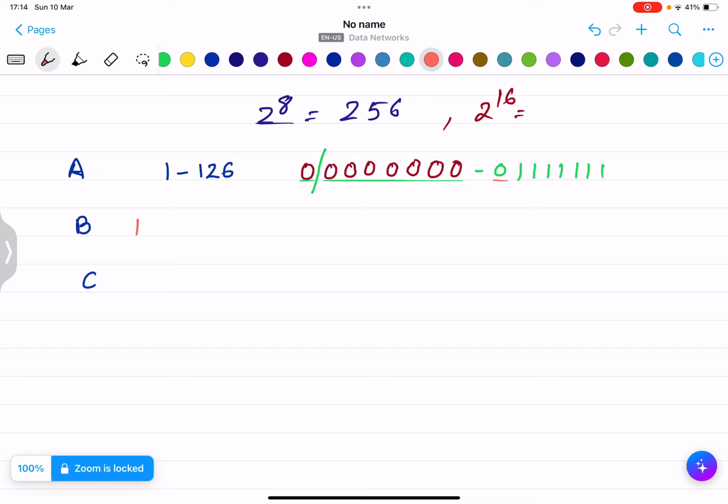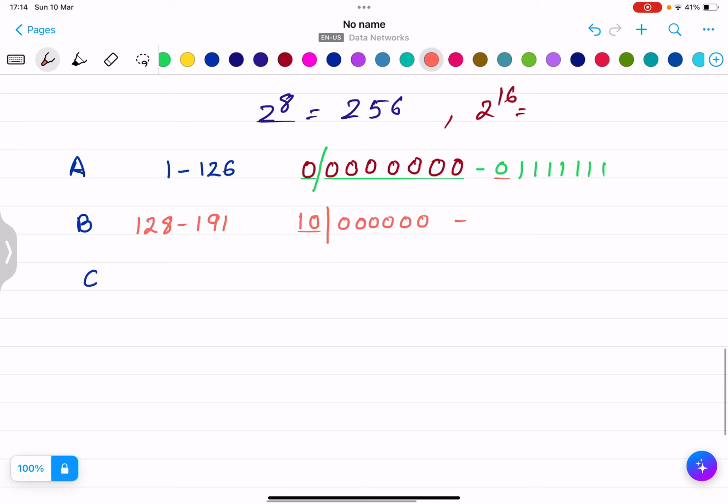For class B, it is defined from 128 to 191, and we restrict the first 2 bits to 10, and the remaining 6 bits can change.